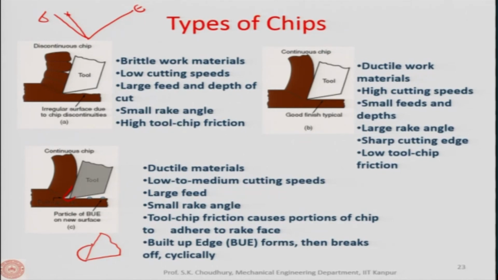So when it breaks, if we draw the stress curve along the rake face, the stress is maximum here, because at the tool tip the pressure is maximum, the force is maximum. So the resistance to shearing will be maximum along this line. Whereas as you go inside, the hardness will be less, because of this curve, as you can see.